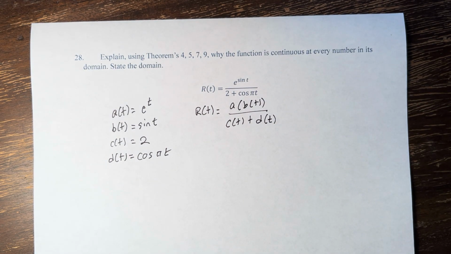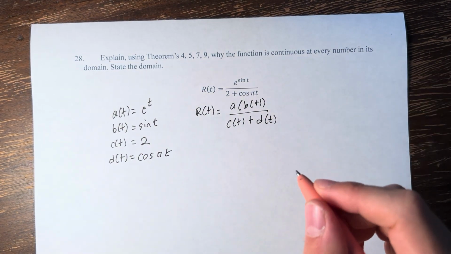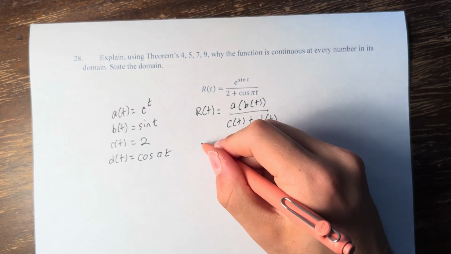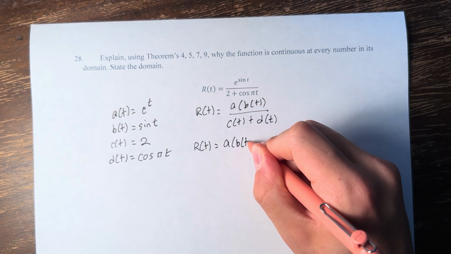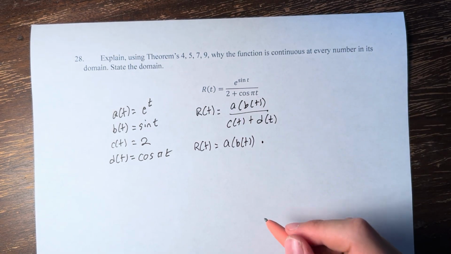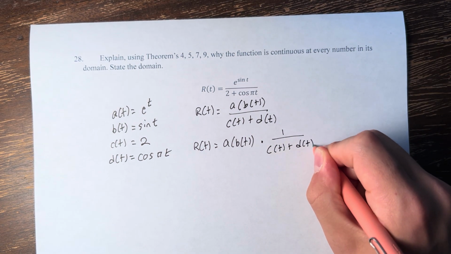And so what we can say is that r of t is equal to a of b of t times 1 over c of t plus d of t.